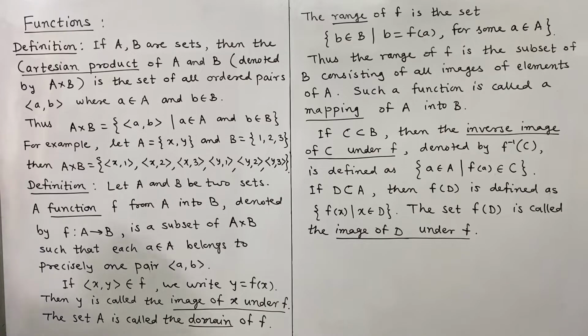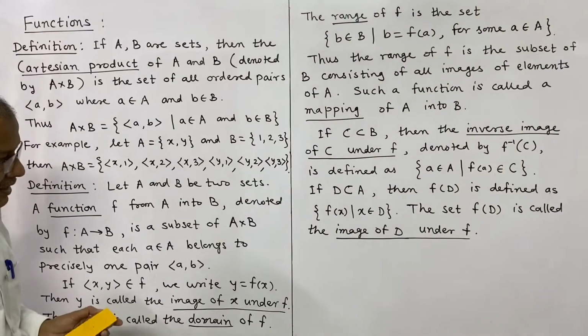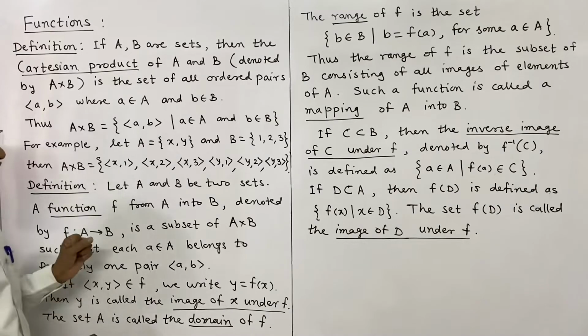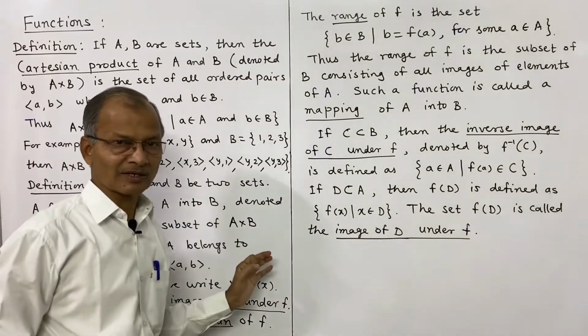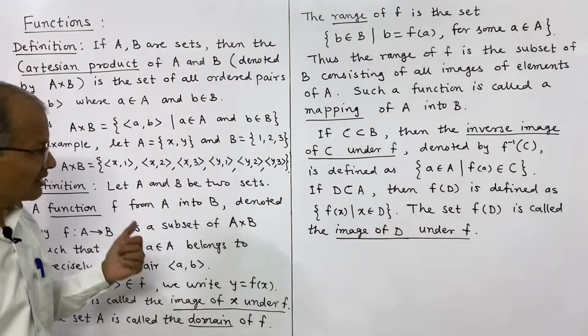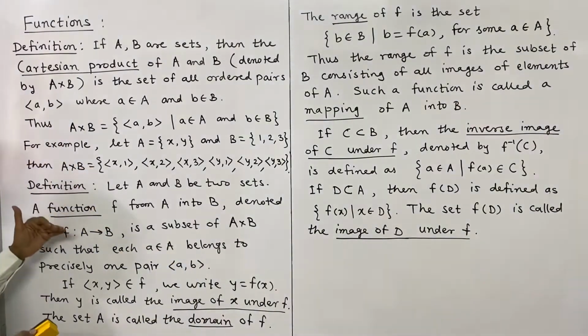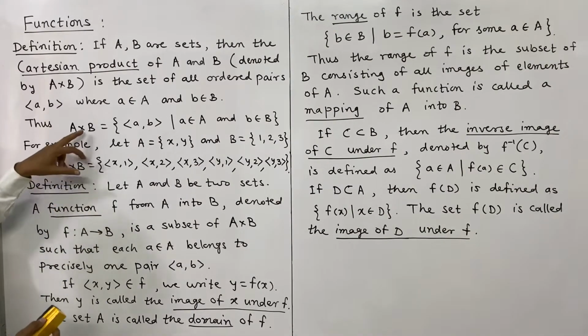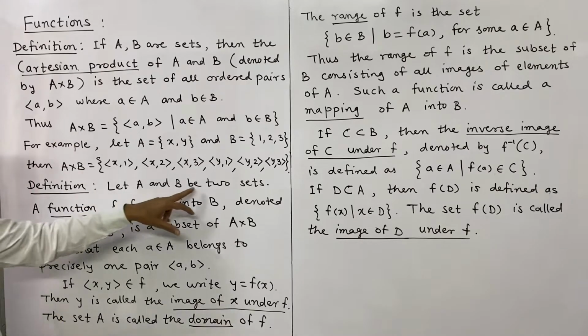Now we shall define a function. A function is defined in terms of the Cartesian product. Earlier we know a function can also be defined as a relation between elements of two sets, such that every element from the first set is related to a unique element from the second set. But instead of that way of defining the function, here it is defined in terms of the Cartesian product. Let A and B be two sets.